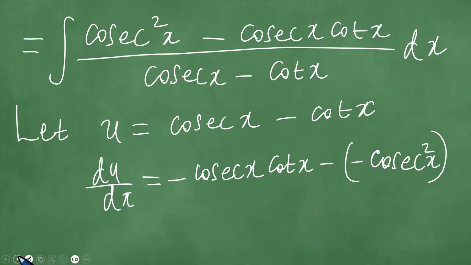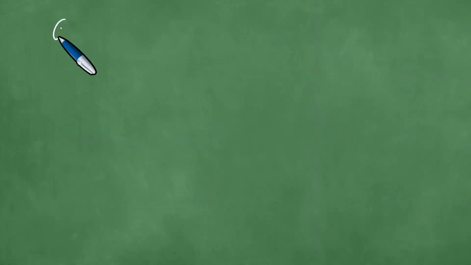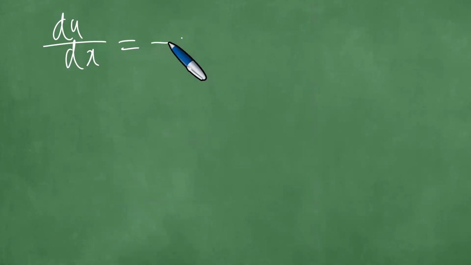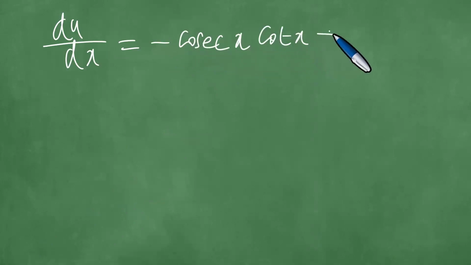Right, meaning therefore we proceed to write the following. du dx is minus cosecant of x times the cotangent of x minus cosecant of x, the cotangent of x, plus the cosecant squared of x. Right, so at this point, we proceed to make dx the subject of this particular equation.